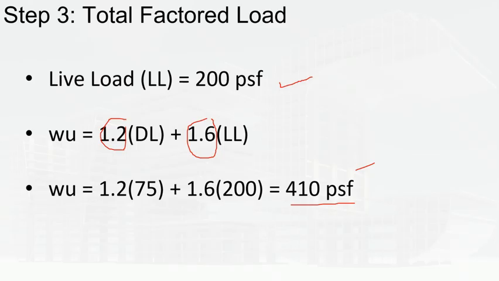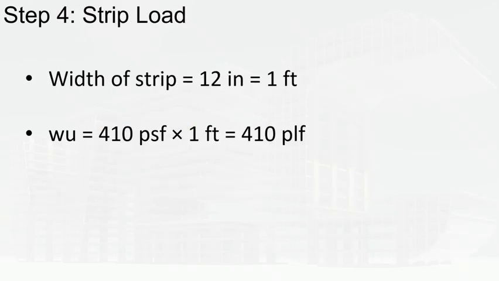That's easy, right? Now getting to step number 4, which is the strip load. Again, what we need to find is the load that is distributed over the length of the slab. So what we need to do is multiply that 410 pounds per square foot that we got with 12 inches, so that's how we will get the load that is spanned over the length, which is 10 feet.